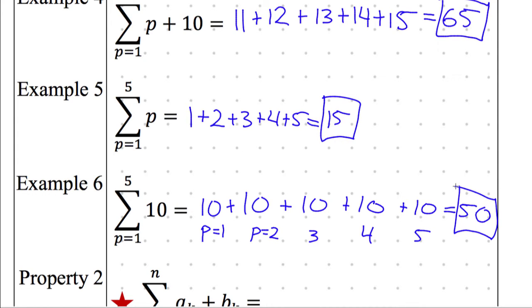Oh, 50 plus 15 equals 65. Oh, look at that. So if I'm looking at 15 and 50, which were the answers for example 5 and 6, if I add those two together, I get the answer for example 4, which makes sense because we separated the sigma notation. So our sigma notation said sigma, sigma, and then the 10 for example 6, and you just add them together. And that brings us to our final property that you need to know for today.